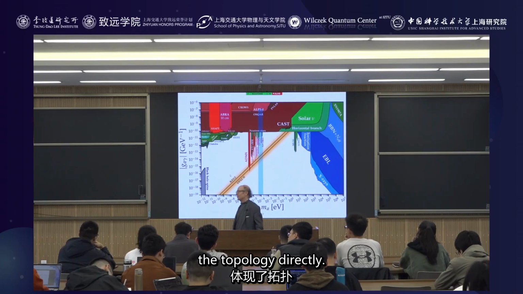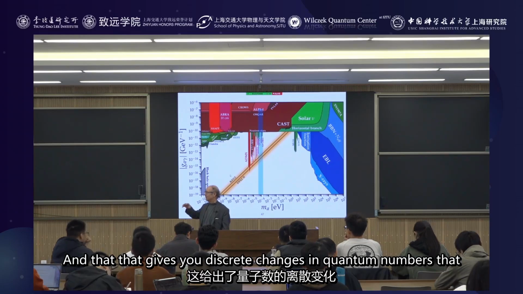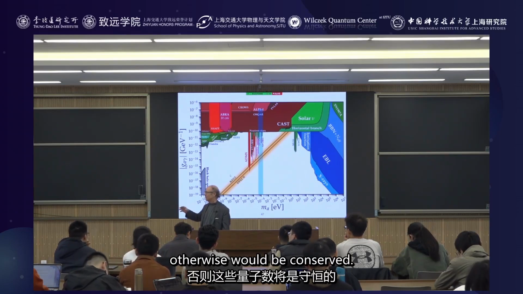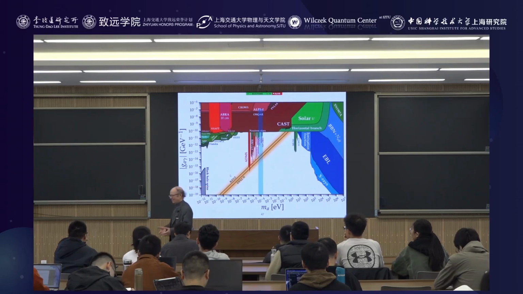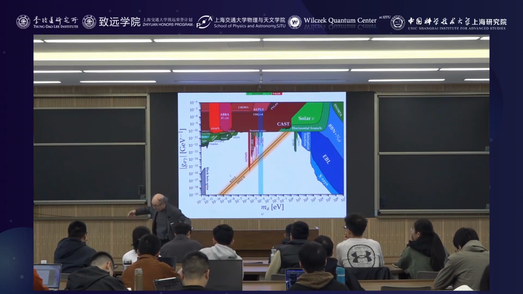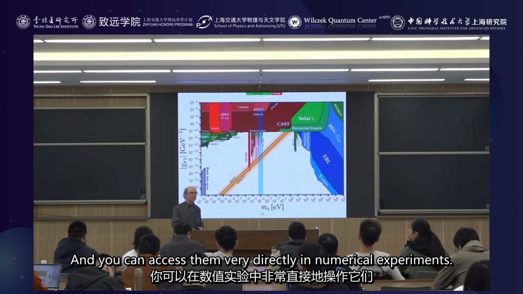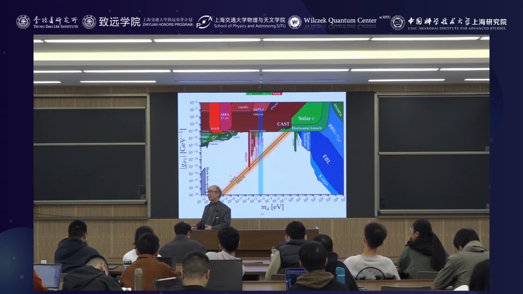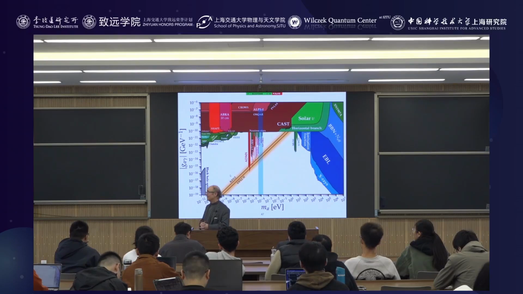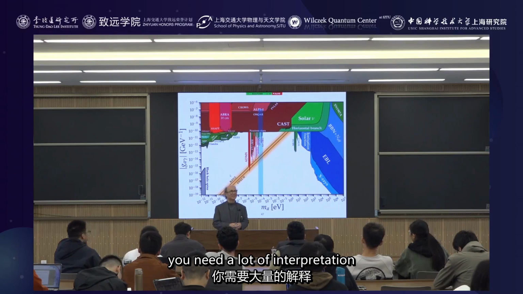And that gives you discrete changes in quantum numbers that otherwise would be conserved. Oh, I see. So if you could access those degrees of freedom experimentally, it would be very direct. Right. You can access them very directly in numerical experiments, but laboratory experiments need a lot of interpretation to bring that out.